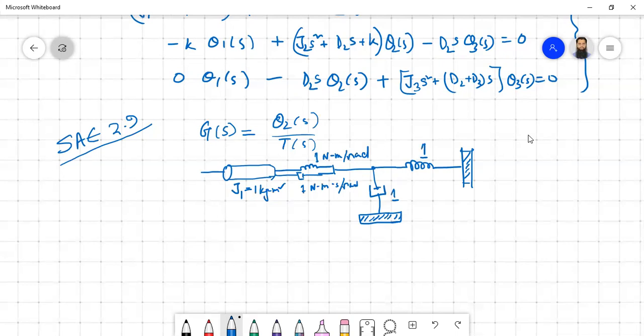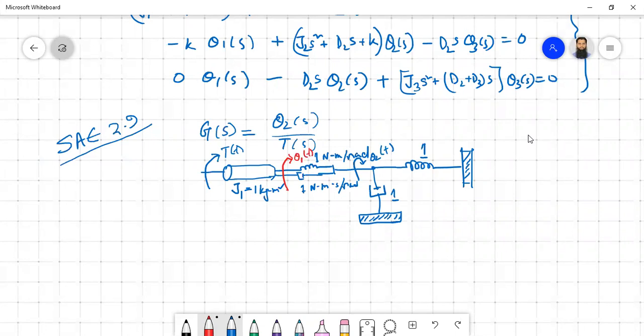Now, how many rotations should be there? First of all, because of these two sides of the spring or damper, there should definitely be two different rotations. Even though they haven't given it, what they have given is just the torque T here, as well as one rotation here, that is theta 2(t). We know that on the two sides of the spring there is a different rotation, so we can assume there is a rotation here that is theta 1(t).